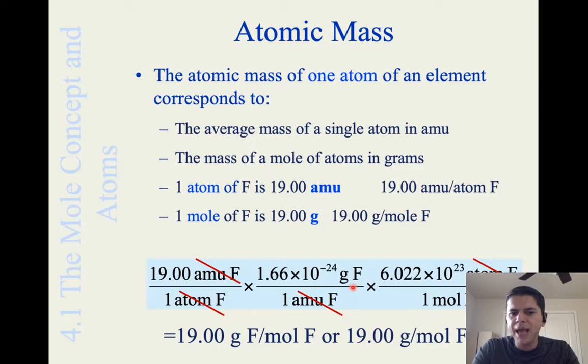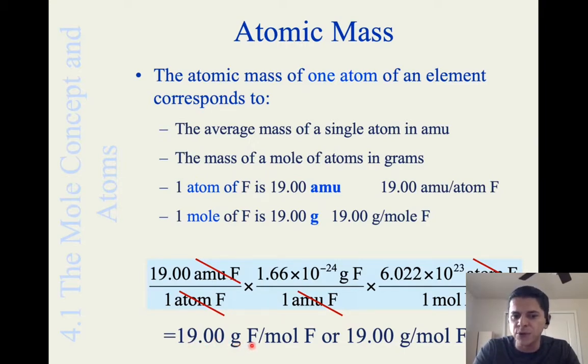And then after that, we can find how many moles of fluorine we have, per gram of fluorine. So notice that the only units that are not canceling are grams of fluorine per mole of fluorine. After you do this calculation, you get back the 19.0, but notice the unit is not AMUs anymore.